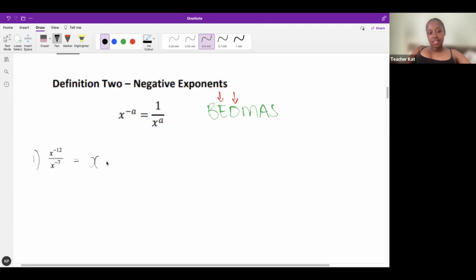So then I'm going to have x to the power of -12 minus -7. Are we with me? Because we're subtracting. This subtraction is because of that, and the -7 is because it was a -7. There it is over there. Okay, so then what will those minuses do for me? These 2 negatives in the middle will become a positive, right?